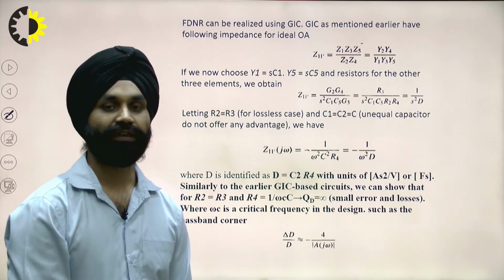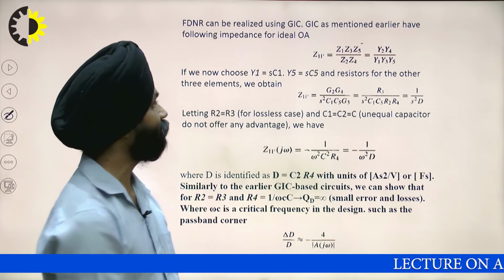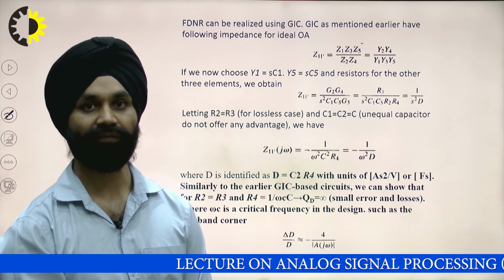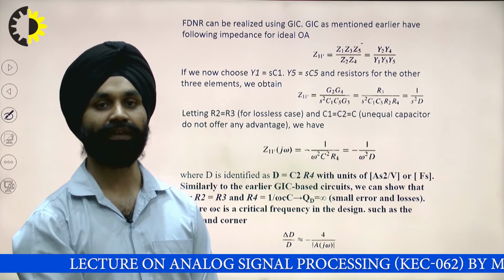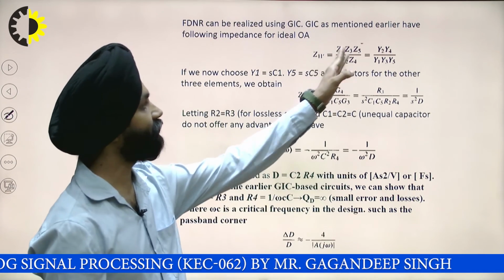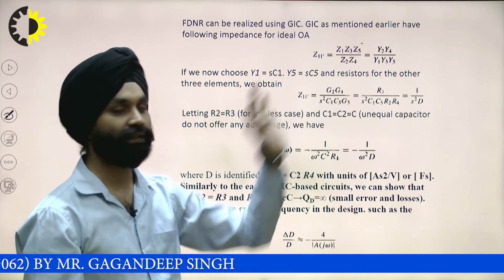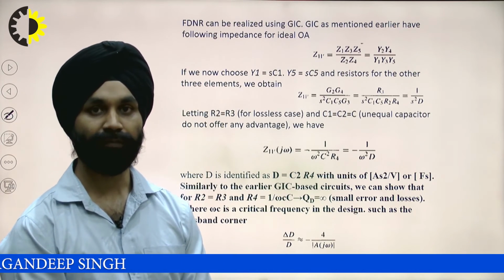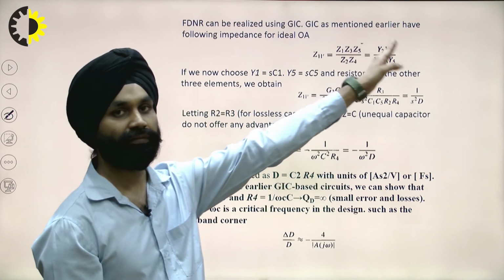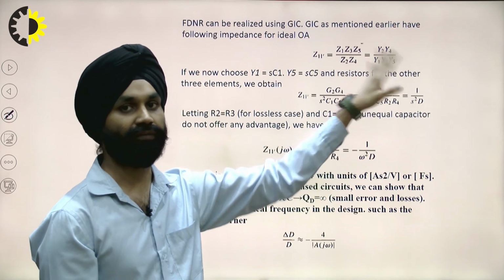Now, how can we design FDNR? With a simple GIC circuit. We have the simple GIC circuit with this equation: the input impedance is given by odd impedances divided by even impedances, that is Z1 into Z3 into Z5 divided by Z2 into Z4, or in terms of conductances, Y2 into Y4 divided by Y1, Y3, Y5.